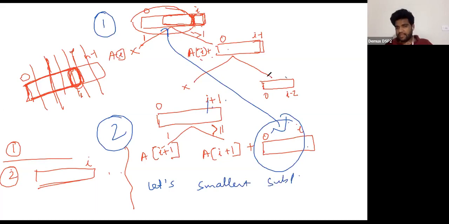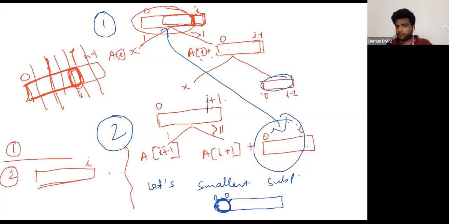If you see, any subproblem is from 0 to some index j. So what is the smallest subproblem? This one, right? It will be 0 to 0.